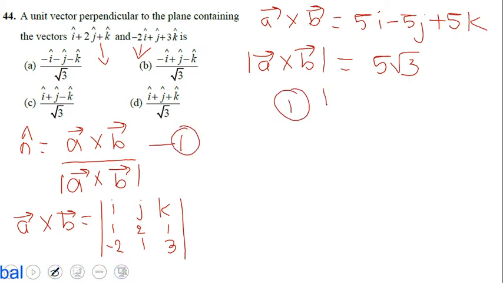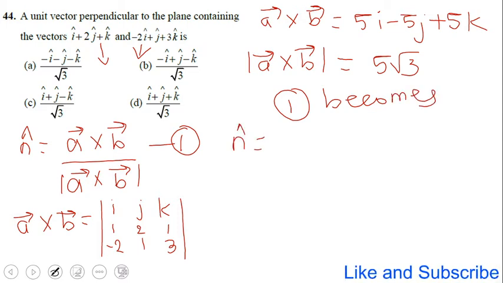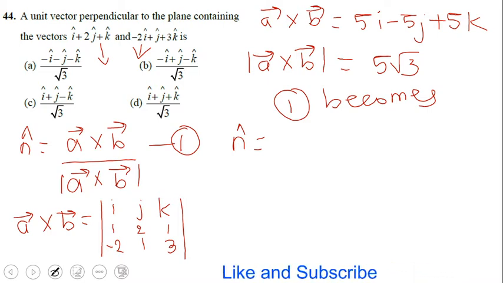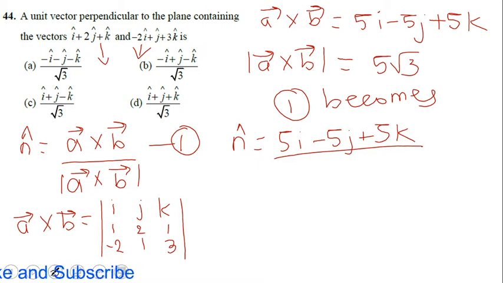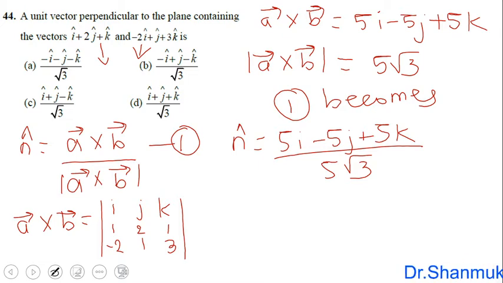Now equation 1 becomes n cap as numerator 5I minus 5J plus 5K divided by 5 root 3 here. So simplifying, minus sign we will take as common.